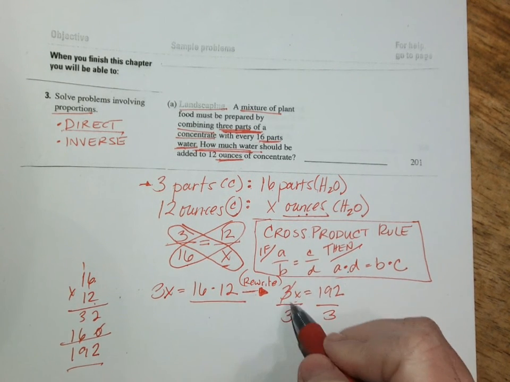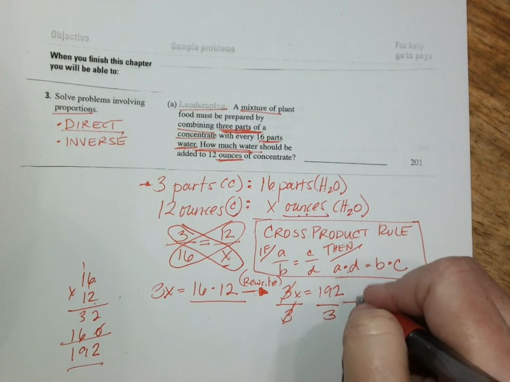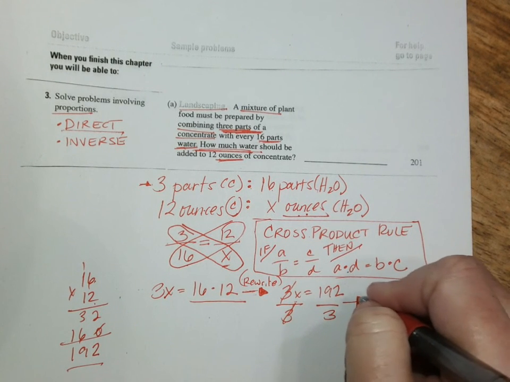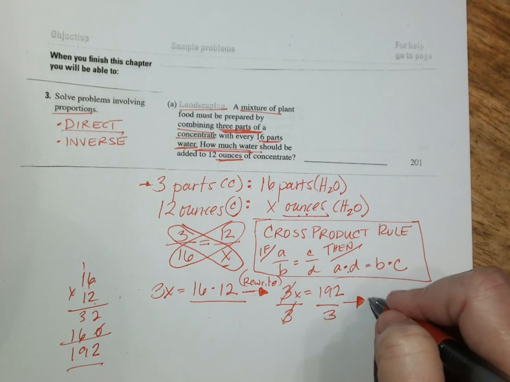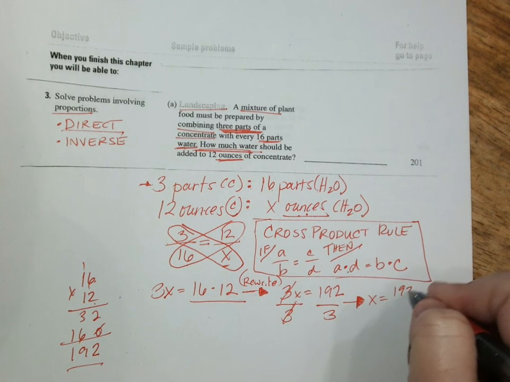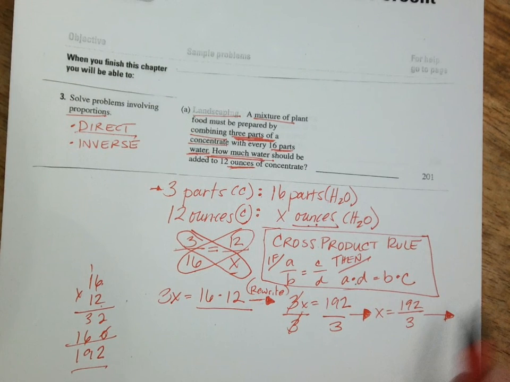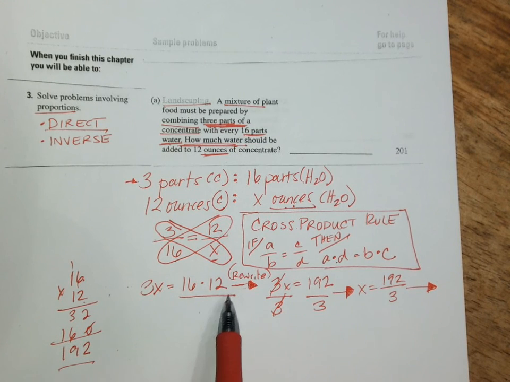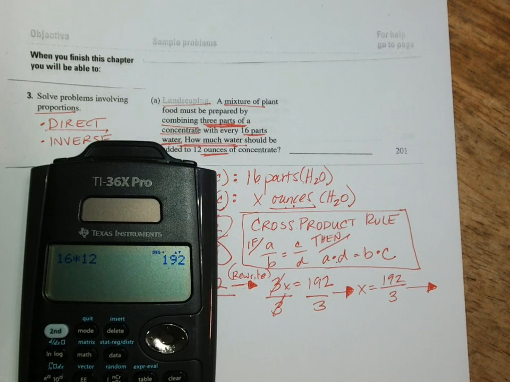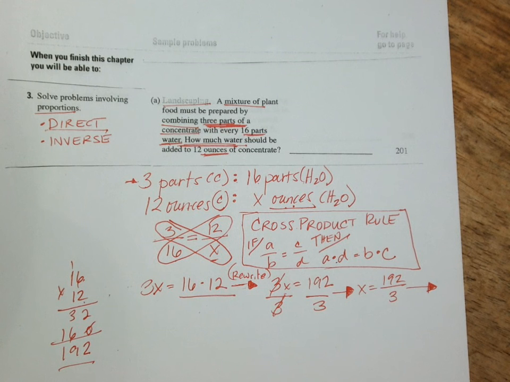So here the 3 cancels out. Now I can kind of clean up the problem a little bit, get rid of those 3s that I canceled out, and I can say that x is equal to 192 divided by 3. I'm going to continue towards solving it. Once again, this is showing my work. Let me get that handy dandy calculator back out now. 192 is still there. I'm going to go ahead and divide by 3, and I get 64.